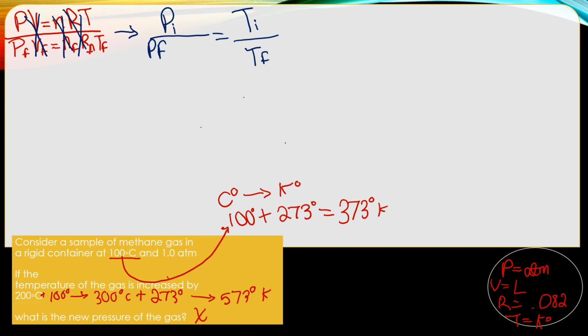So, pressure initial, as they gave us, was 1 atm, correct?